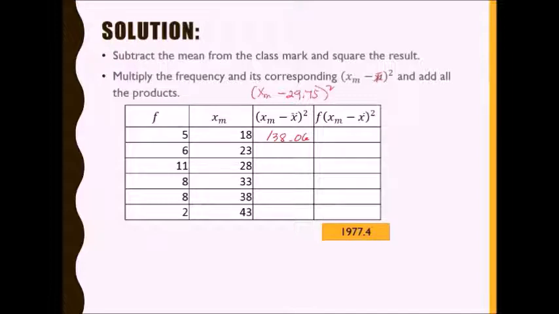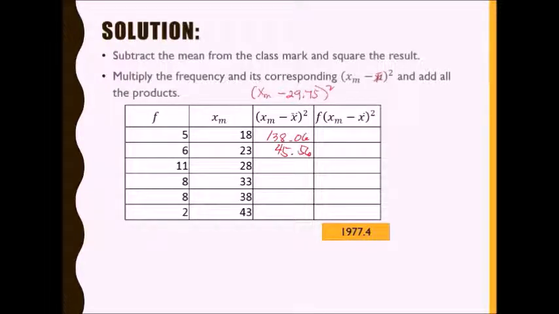We have 23 minus 29.75, which is 6.75, squared is 45.56.